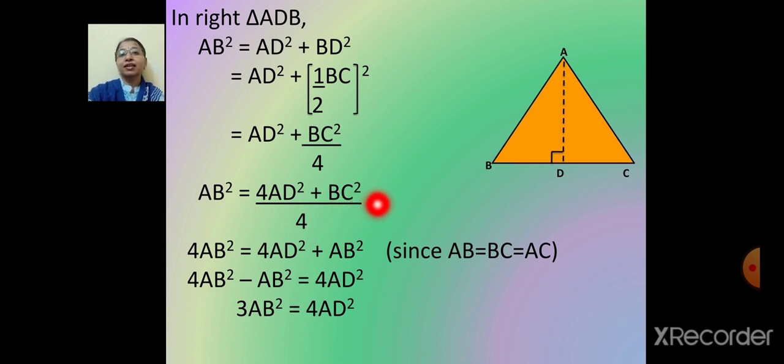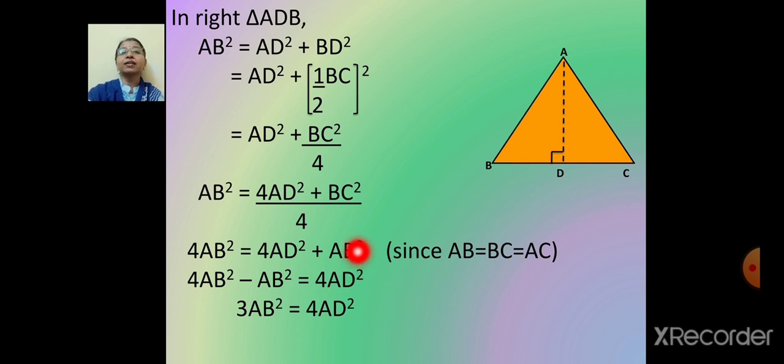Now again, in the required expression, we want 3 times AB square is equal to 4 times AD square. That means we don't want this term BC square. So what will we do? Since all the 3 sides are equal, you replace this BC by AB. So in next step, this 4 will get multiplied here. So 4 times AB square is equal to 4 times AD square plus this BC square I am replacing by AB square.